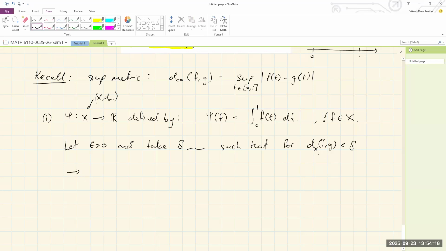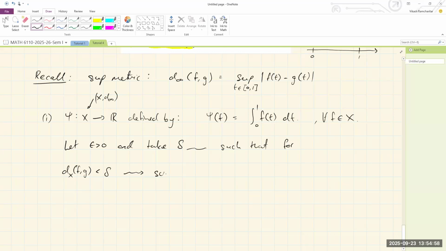let me just write down what that is. What does it mean for these two points, f and g, to be within delta? So the distance in X was d infinity, right? So another way of writing this is, let me write them together. D of X is the supremum metric.